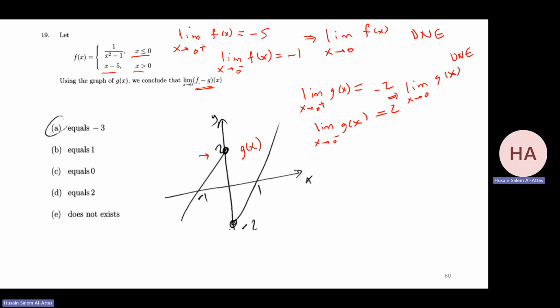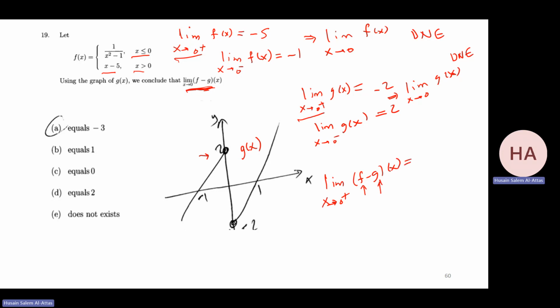Now, does not exist minus does not exist doesn't mean the result does not exist. So what I will do, since the limit from the right for both these two functions exists, I can do the limit. To do this limit, I'll do it from right and left. X goes to 0 from right, f minus g. From right, both limits exist, so I can distribute the limit.